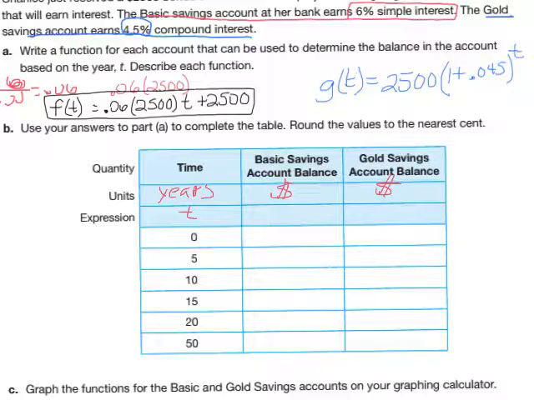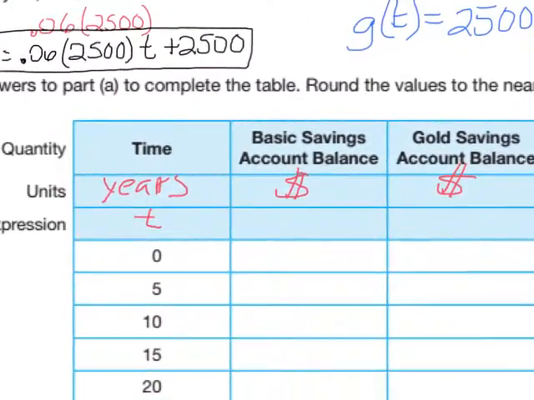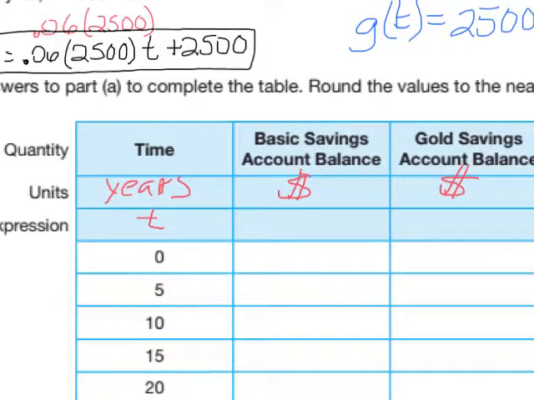The expression you would want to have here is this function right here. The expression was 0.06 times 2,500. That gives you 6% of 2,500, which is actually 150. If you want to change that to 150, that would be better, so you don't have to rewrite it all the time.